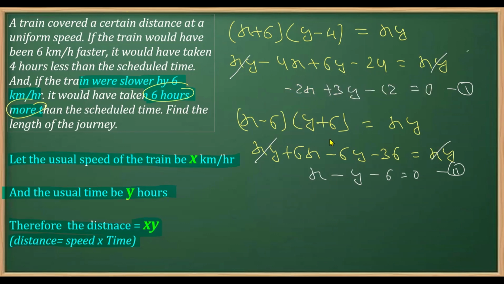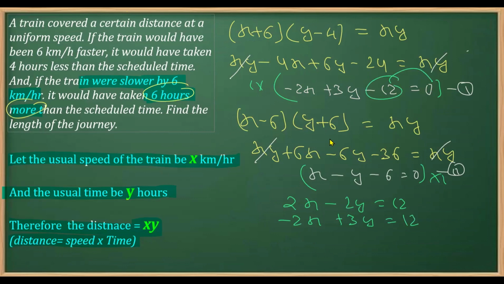So for elimination, I'm going to multiply 2 on this equation, and multiply 1 on the other. So this is 2x minus 2y minus 12, and multiplying the first with 1 gives minus 2x plus 3y is equal to 12.